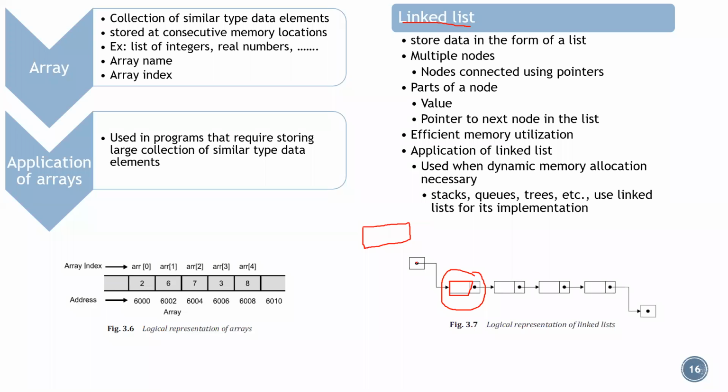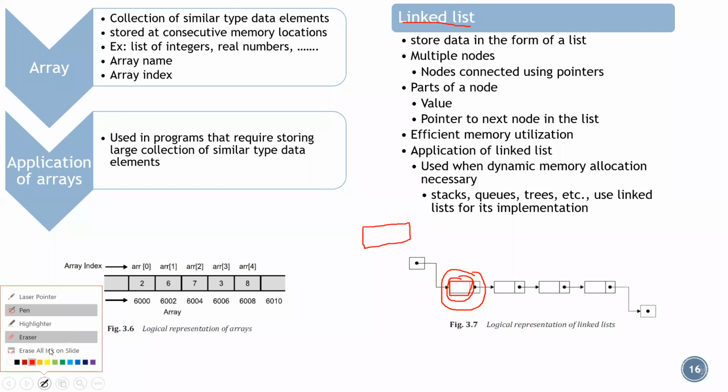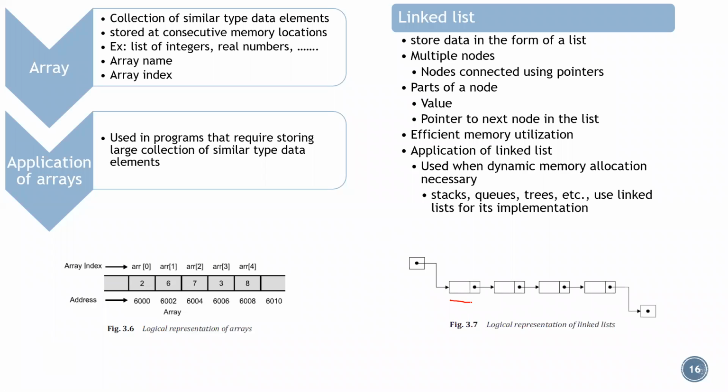And along with that, you store the address of this information at another point. So here, we are trying to have a linkage between one node and the other node. And what does a node consist of? A node will be consisting of the information, that is the value which you want to store here. And at the next point, you will be having the address of the next data which you will be accessing.